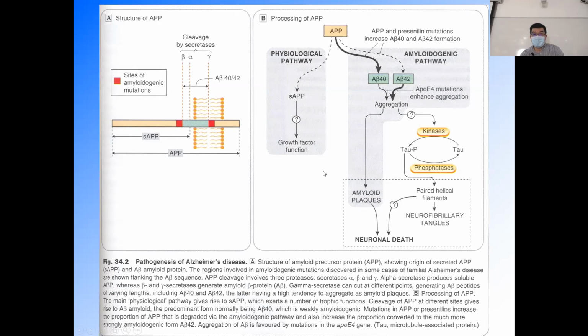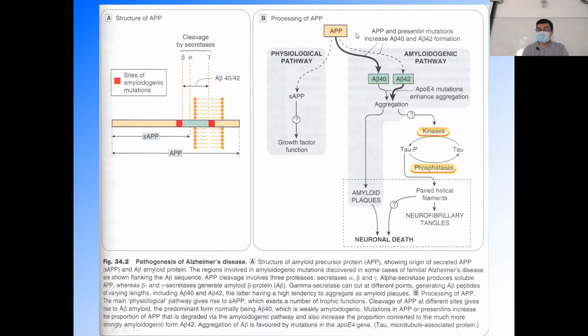Because this protein, after processing, will form the beta amyloid plaque. Now, the exact function of the APP amyloid precursor protein is still not known, but some suggest that it's a growth factor, because when the brain has an injury, it will secrete this APP out.